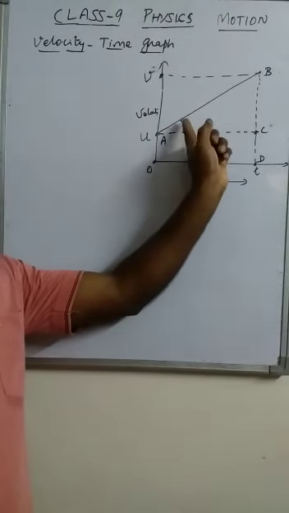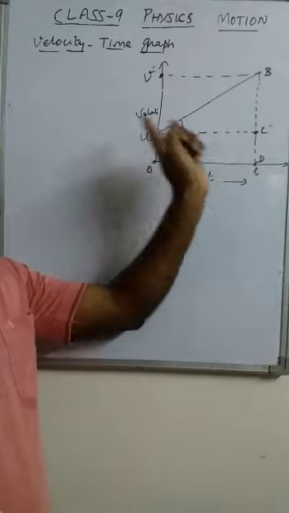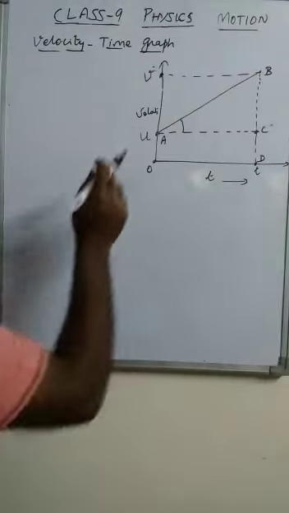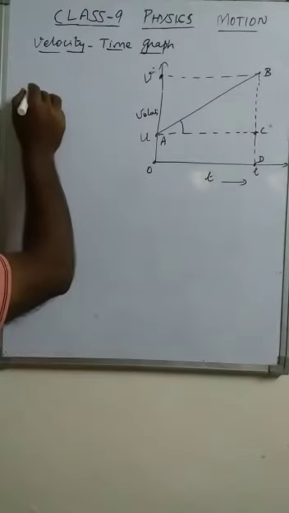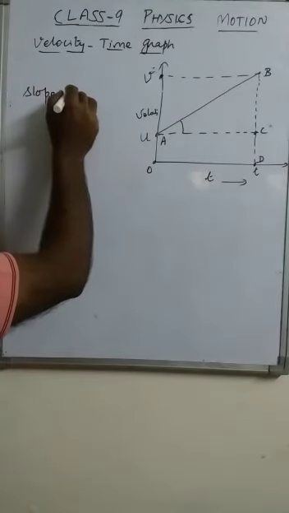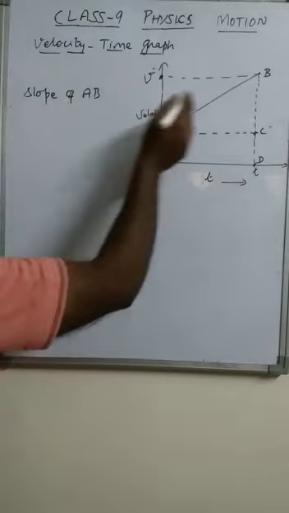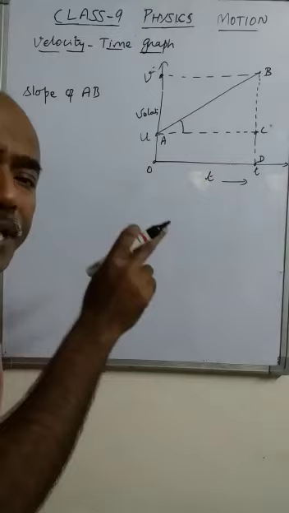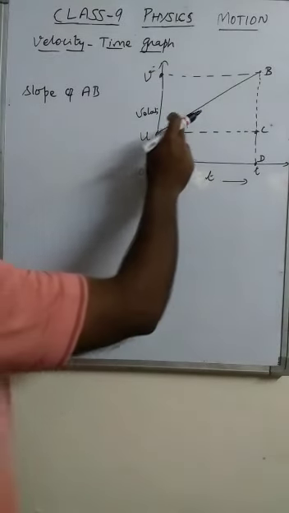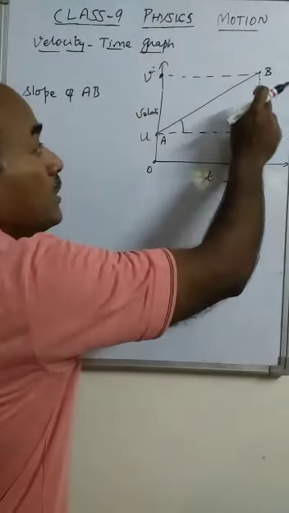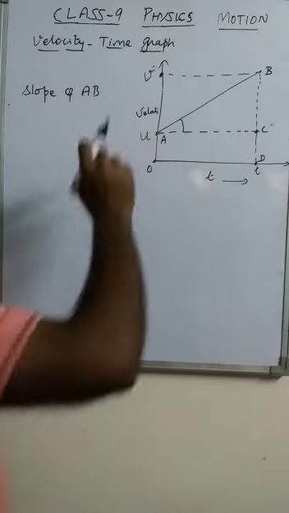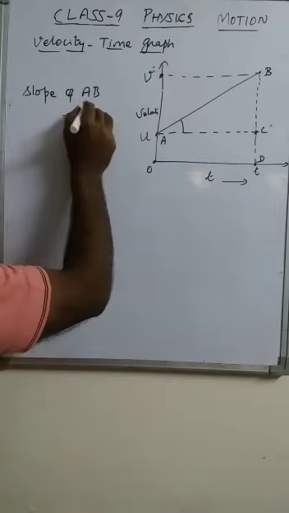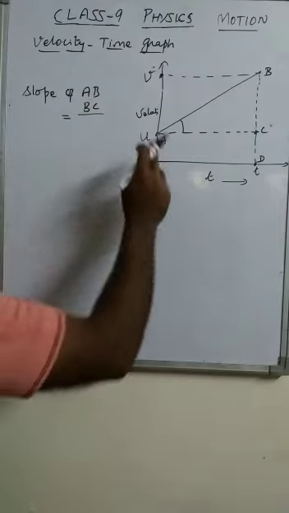If we find the slope of this line AB, the slope is equal to the perpendicular, the side opposite to the angle, upon the base, the adjacent side. Here the slope of AB is equal to BC upon AC.